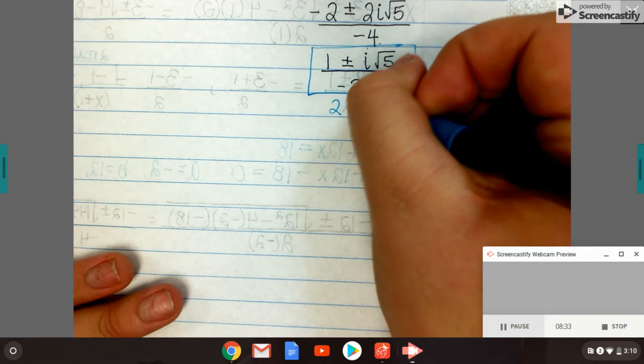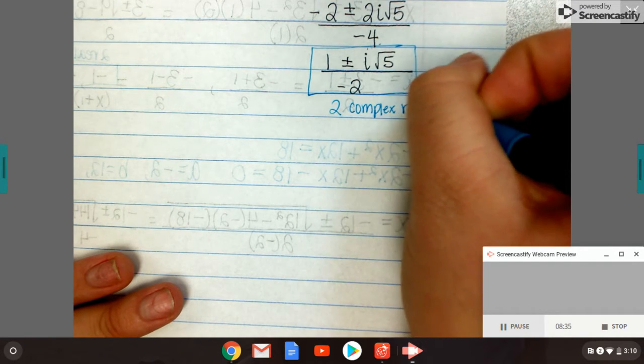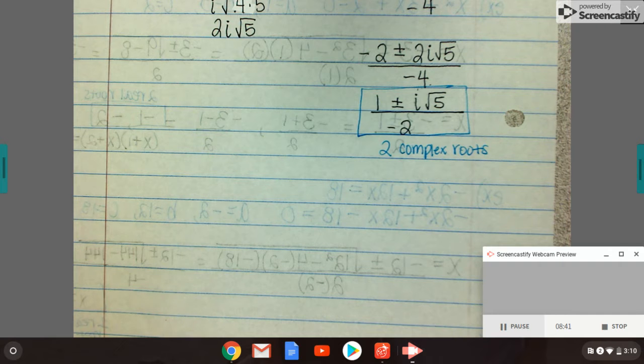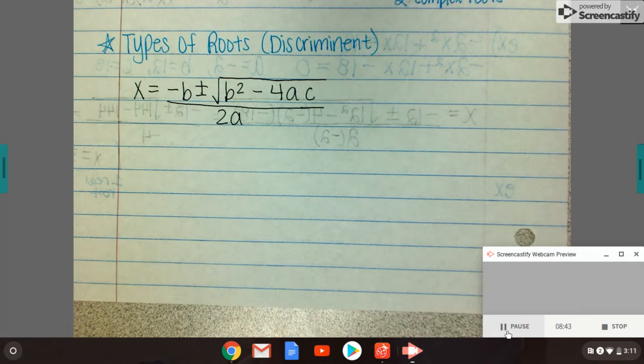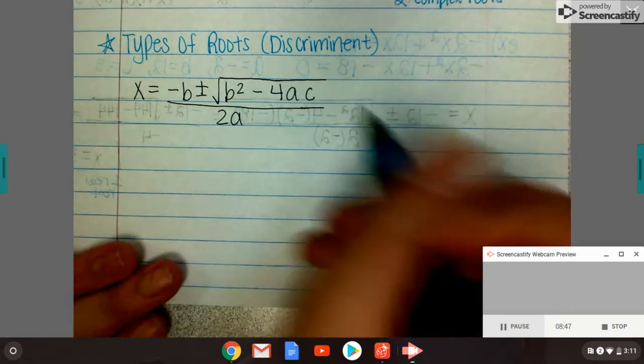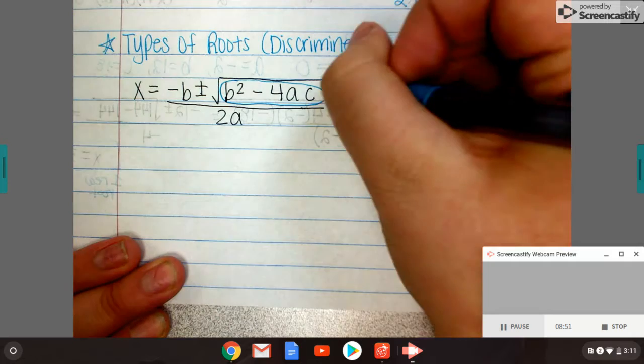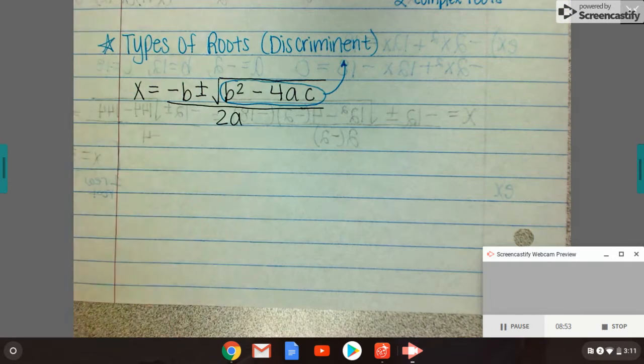Or I should say 2 complex roots. So what makes that happen is what's inside the square root. So let's look at that a little bit more in depth. So looking at the types of roots, what we need to look at is the discriminant, is what it's called. So what's inside the square root is called the discriminant. And what's special about it is we can kind of classify it into 3 different things.